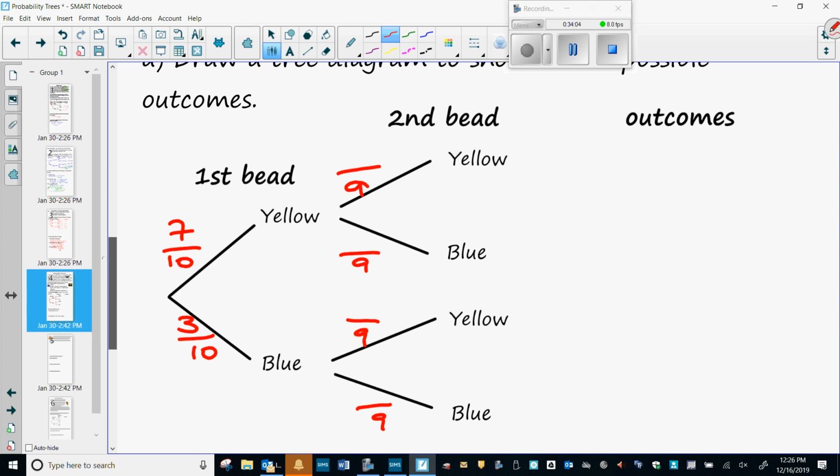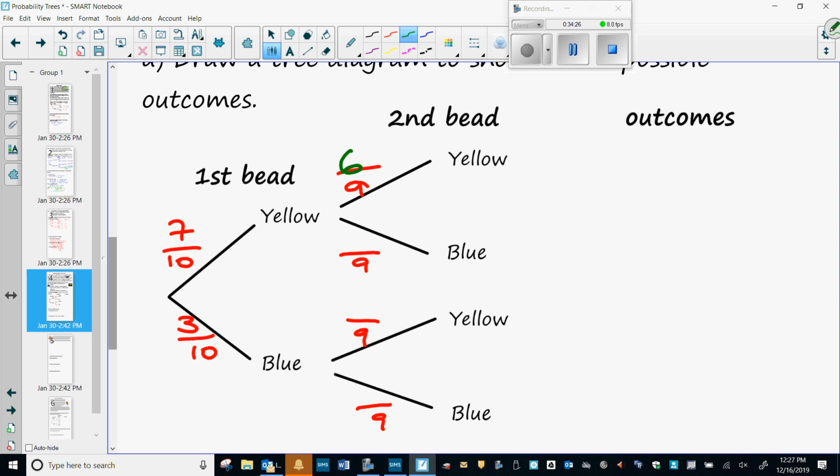So my denominator is now 9. So we say to ourselves, okay, what's my numerator going to be? If I'm following this branch here, it indicates that I had selected a yellow one the first time, yes? There were 7 in the bag, so how many yellow ones are left now? 6.